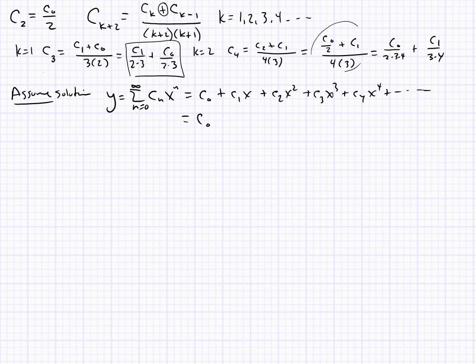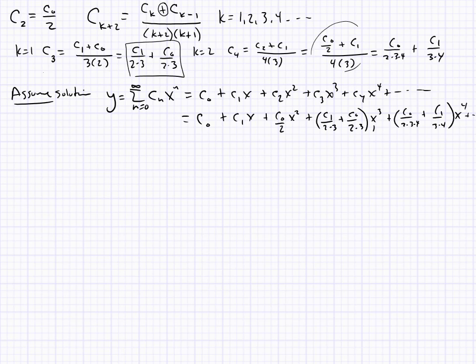So C0 is C0, C1 is C1, C2 is C0 over 2, C3 is in terms of both C0 and C1, so it's C1 over 2 times 3 plus C0 over 2 times 3, and that's my x cubed. And then C4 is in terms of C0 and C1, so C0 over 2 times 3 times 4 plus C1 over 3 times 4, x to the fourth, and that'll just keep going.